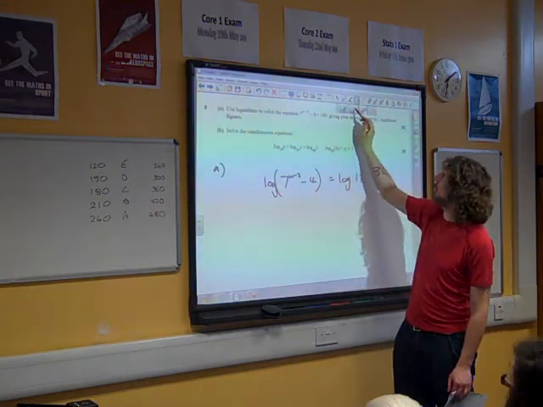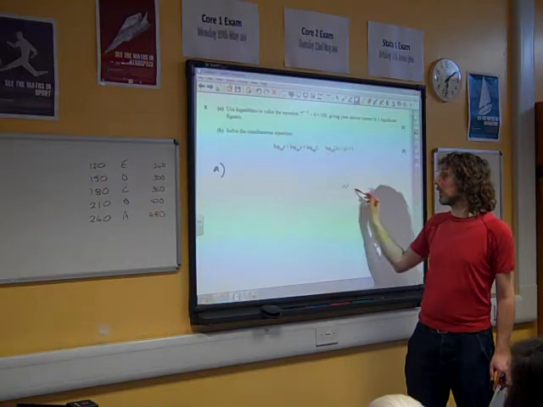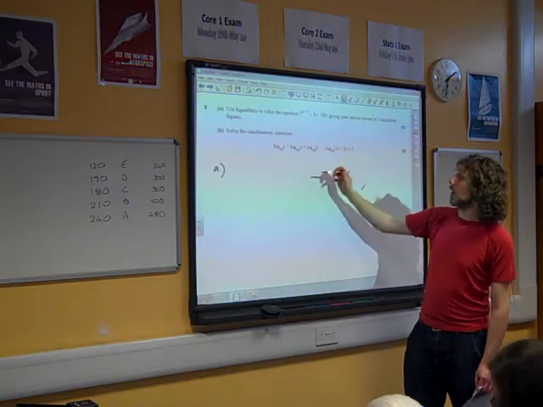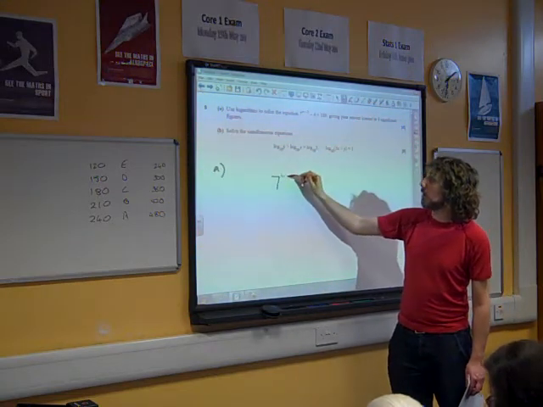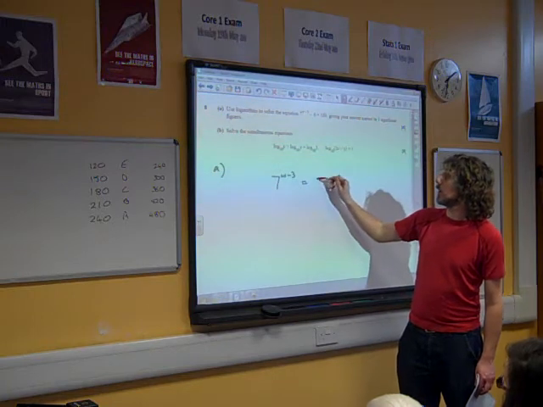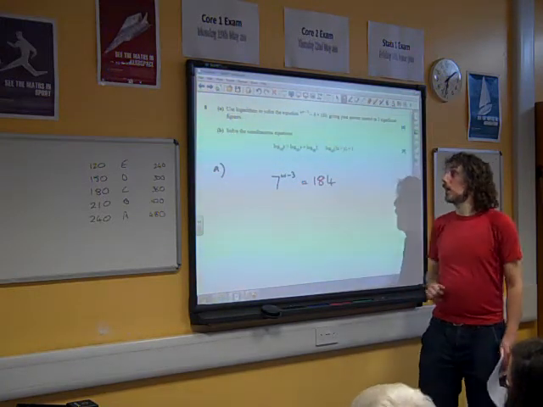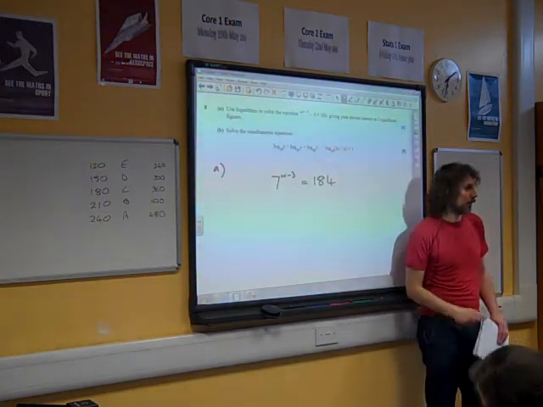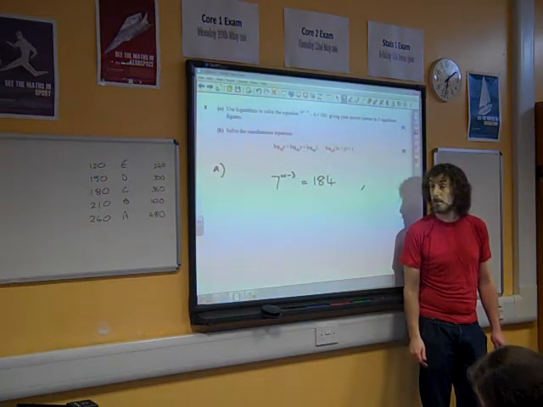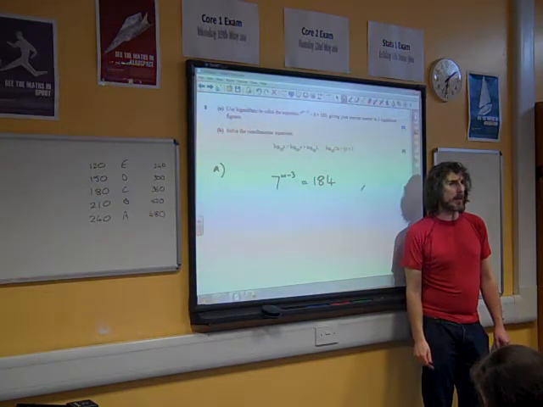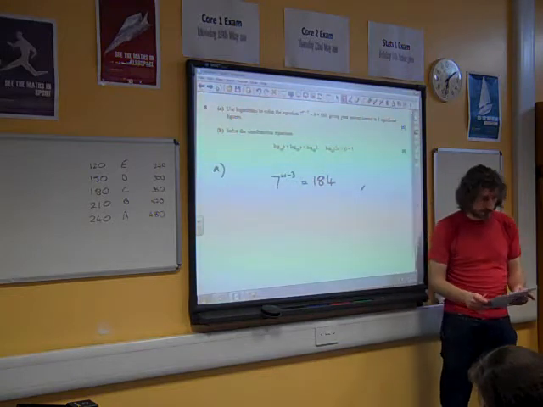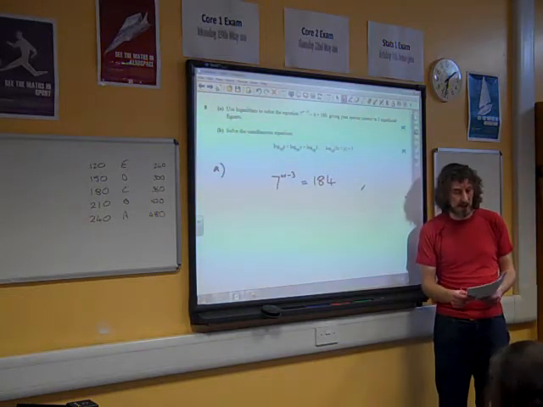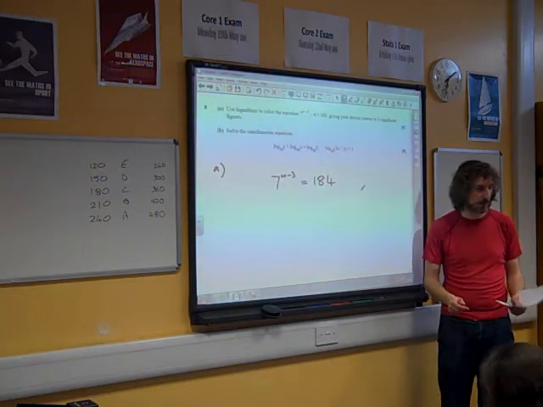So what we need to do is, before we take logarithms, we need to start by rearranging the equation, so that we've got a single term on both sides. So now we can work with it. And we can choose whatever base logarithm that we like, but we're going to use log base 10, because that's the one that our calculator deals with.